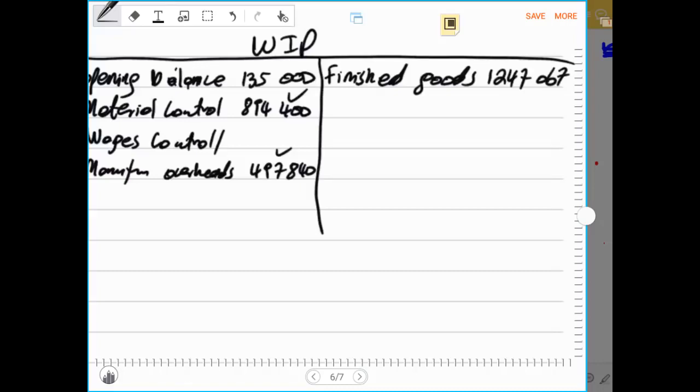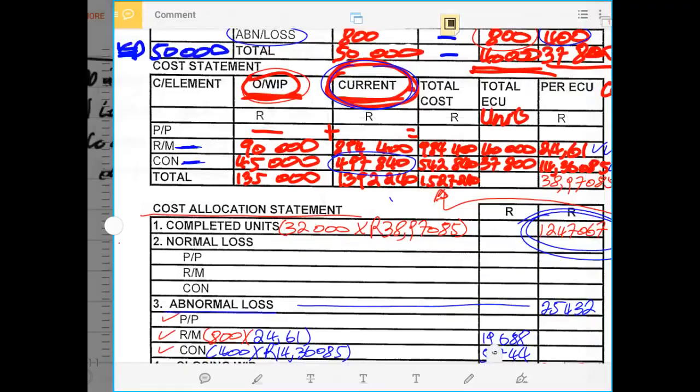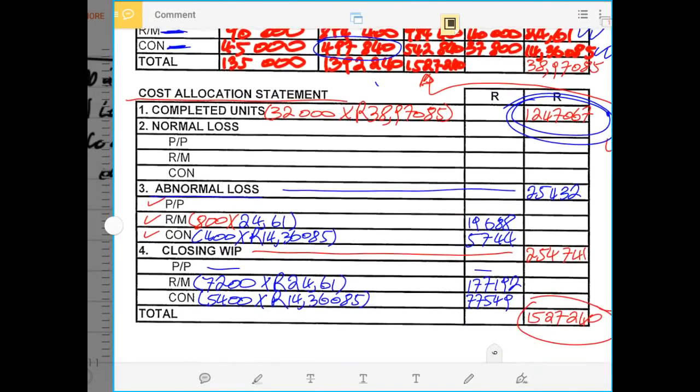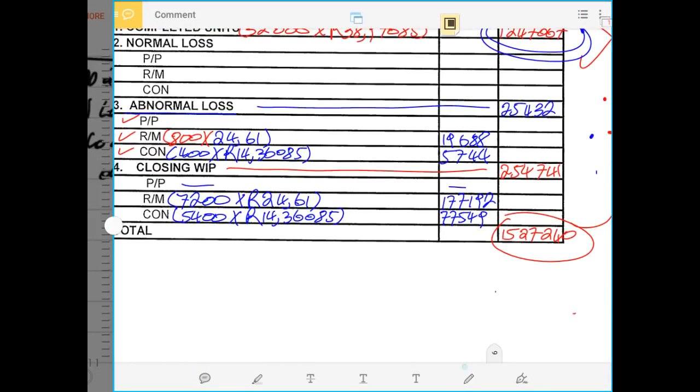Then now if there is an abnormal loss, it will be reducing the value of the inventory. Abnormal loss will reduce this account. And our total abnormal loss will have to be recorded in total on the credit side, reducing this ledger account, because abnormal loss is a loss that we will not get back again. So now we have lost the value of that, and abnormal loss will be reducing this account on the credit side.